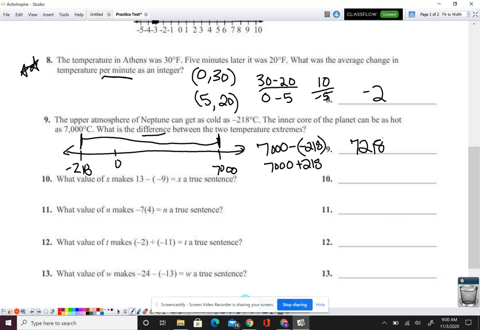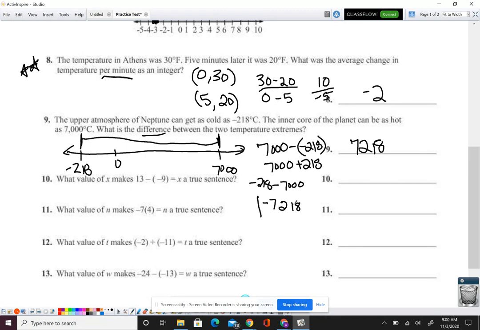If you did it the other way around and you took the difference and you said -218 minus 7,000, you're going to get a -7,218. But because we're talking about the distance from one point to the other, we know that distance can't be negative.